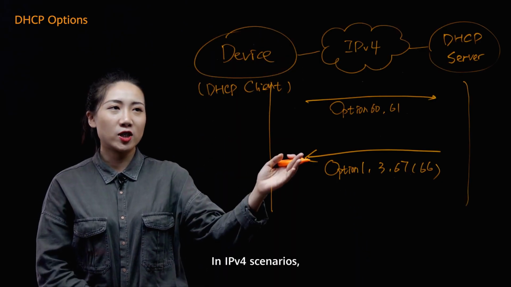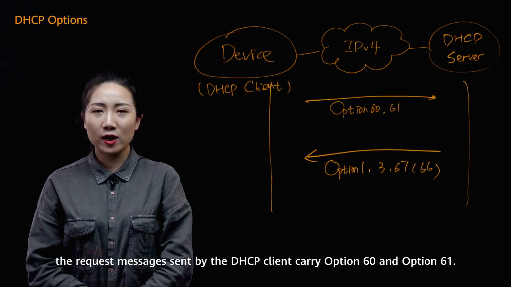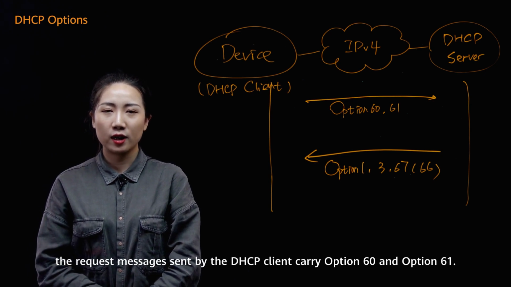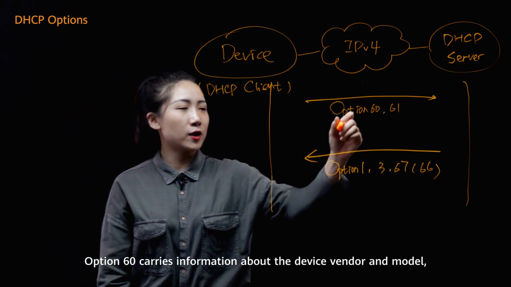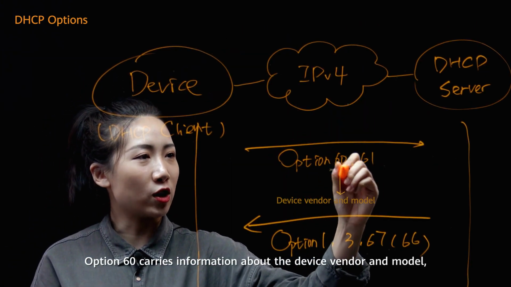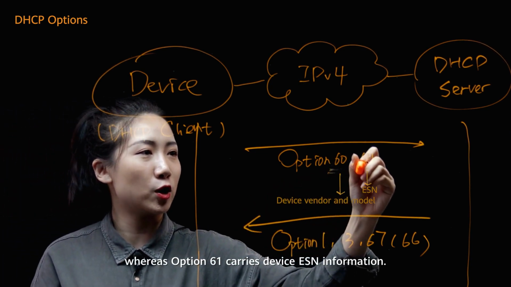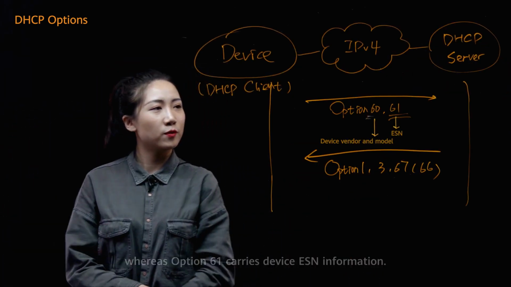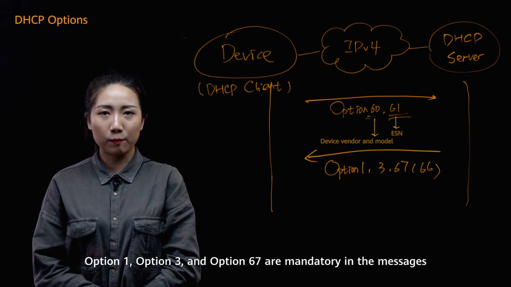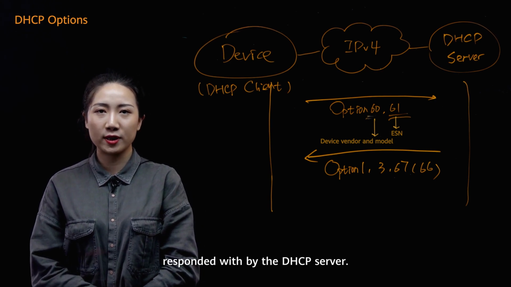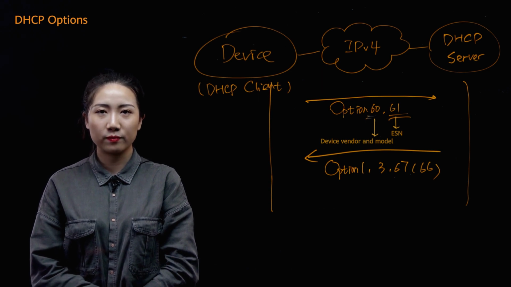In IPv4 scenarios, the request messages sent by the DHCP client carry option 60 and option 61. Option 60 carries information about the device vendor and model, whereas option 61 carries device ESN information. Option 1, option 3, and option 67 are mandatory in the messages responded with by the DHCP server.